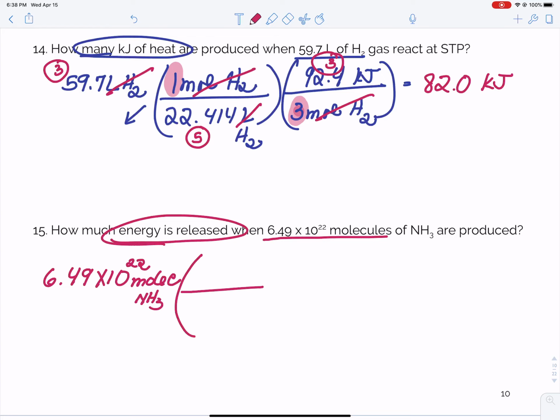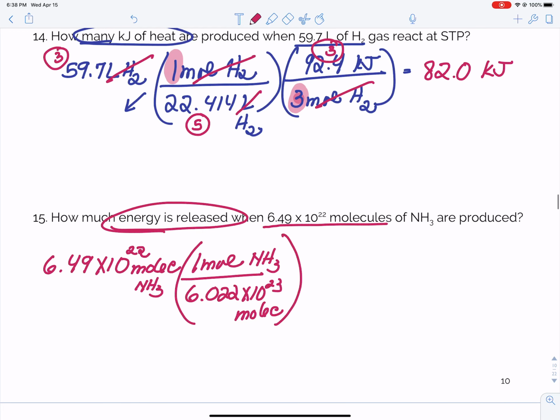Of course, the first thing that I need to do is convert from molecules of NH3 to moles of NH3, right? That's Avogadro's number. And now I can get to the energy part.